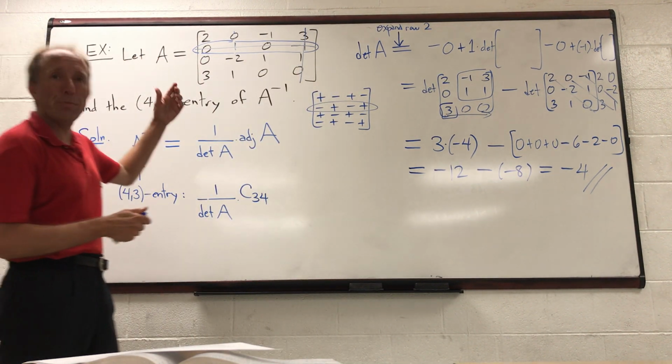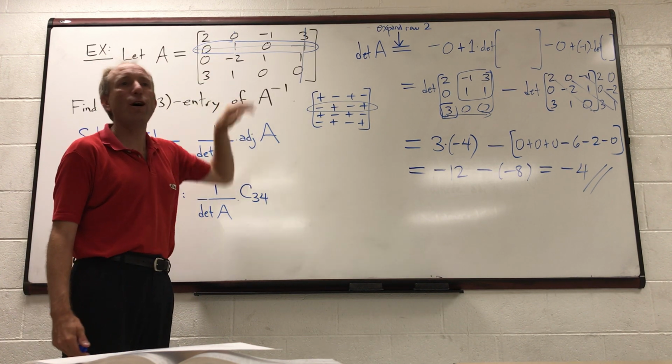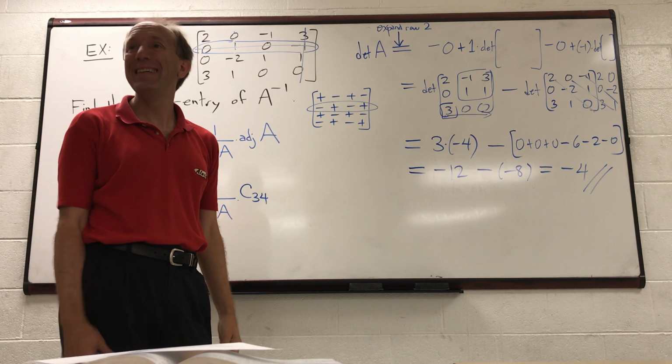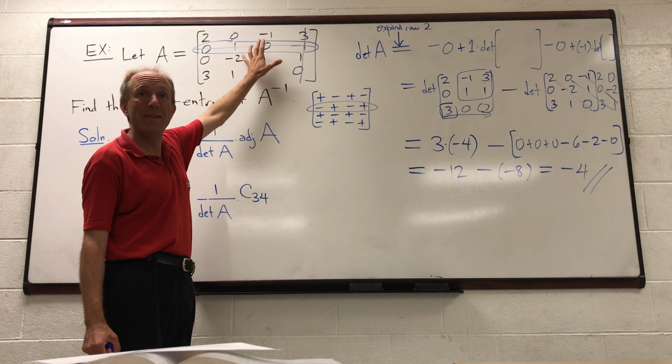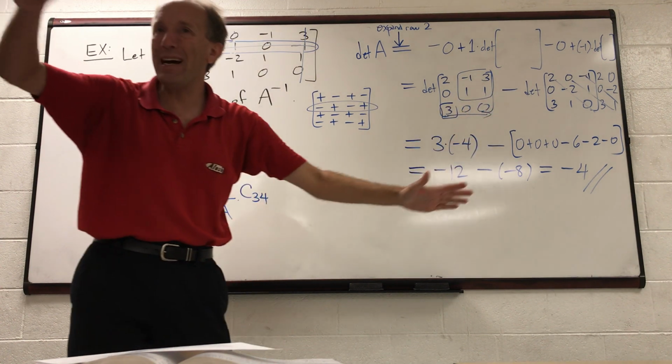By the way, that tells me, for example, that the rows of this matrix are linearly independent. And so are the columns, right? If you were to row reduce this matrix, you would get a pivot in every single column right down the main diagonal.